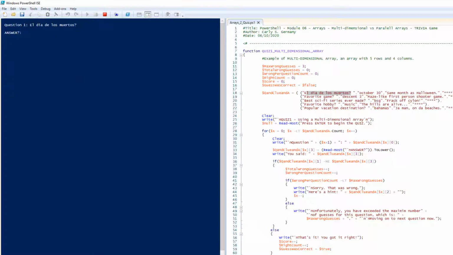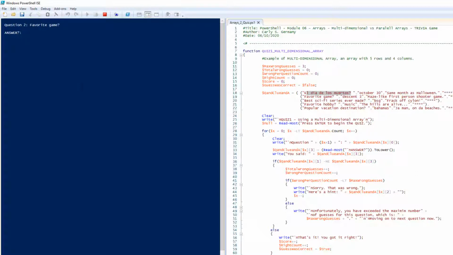And on the last attempt, I guess October the 30th, okay? So in this case, yeah, it looks good, right? I had 2 wrong guesses, but I got it right on my last guess. And my total wrong guesses so far is 2. And then if I hit enter, it rolls over to the next question, my favorite game.